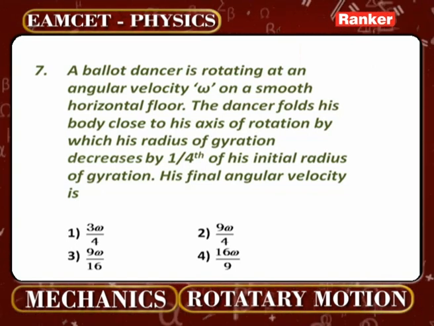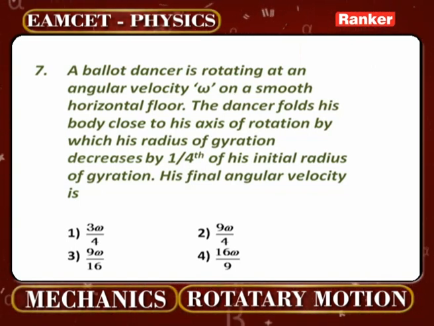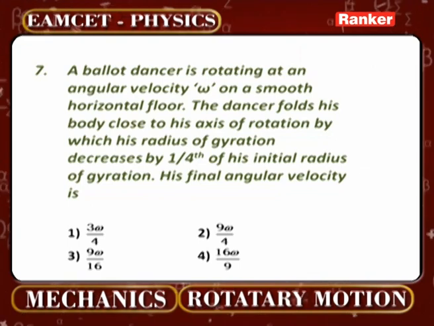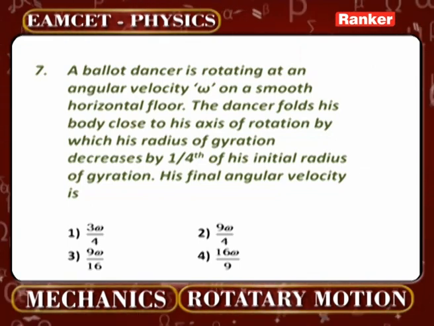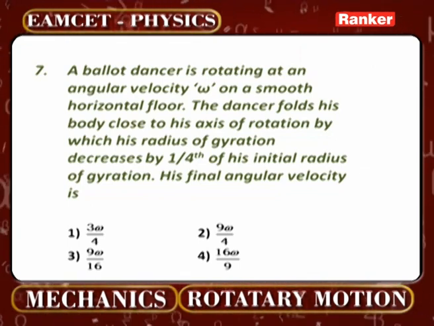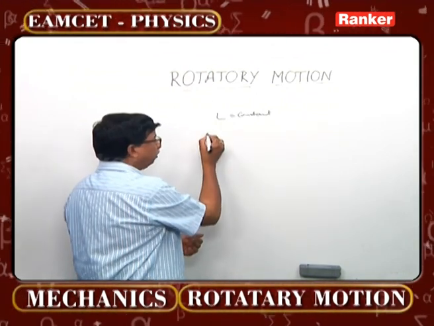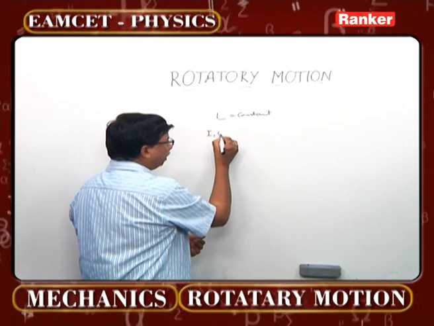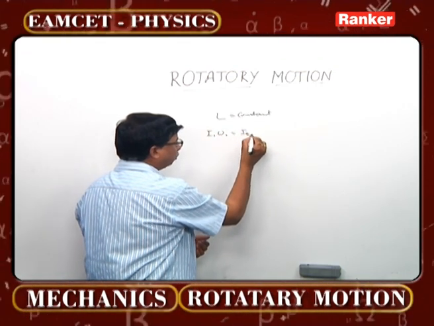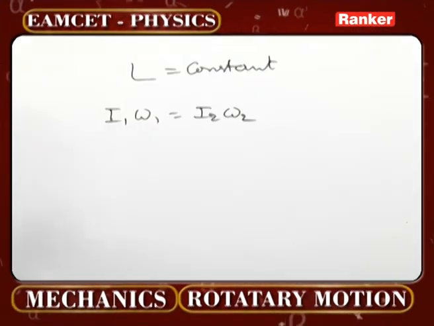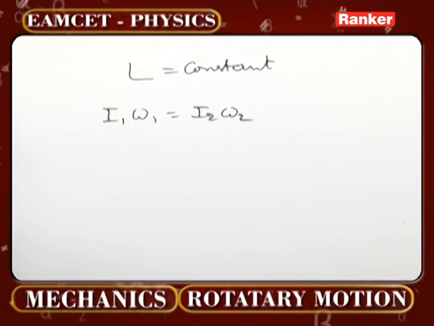His final angular velocity will be how much? When the ballet dancer is rotating, one should understand that angular momentum remains constant. That is the condition for this particular rotation of the ballet dancer. What is angular momentum? I1 omega 1 must now be equal to I2 omega 2. That is the general equation we used to take.